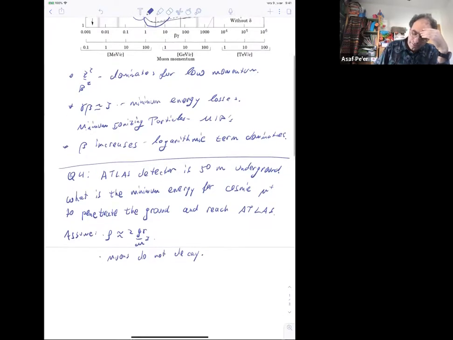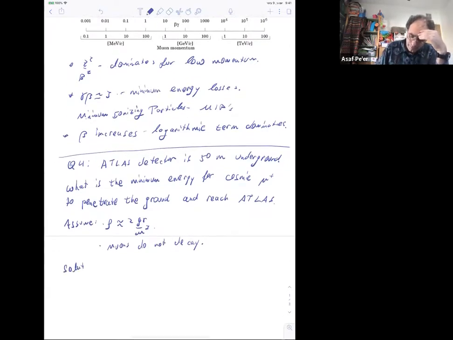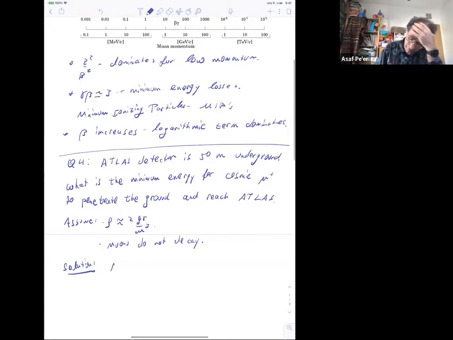So the solution is to treat the muons as MIPs up to quite high energies. So we can also use that here. Assume muons are MIPs.